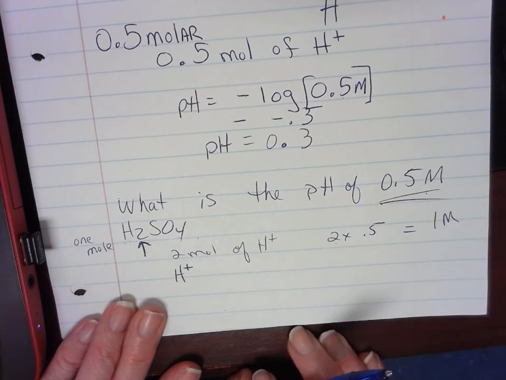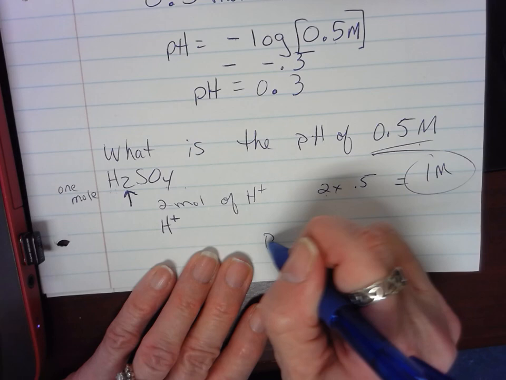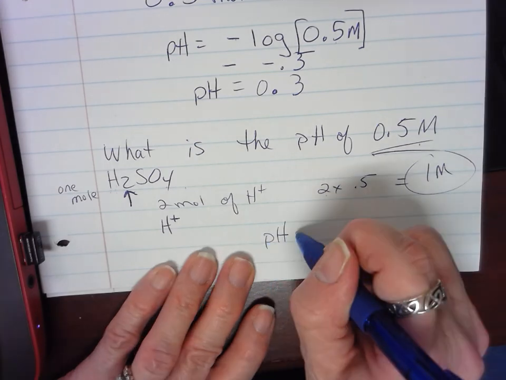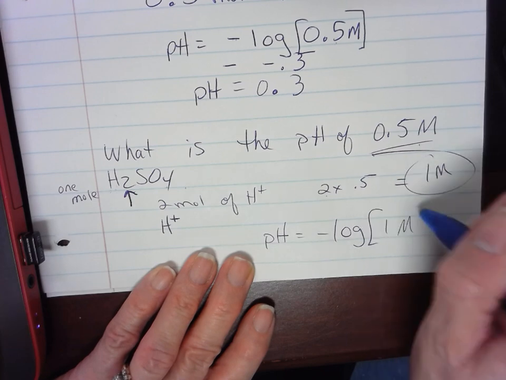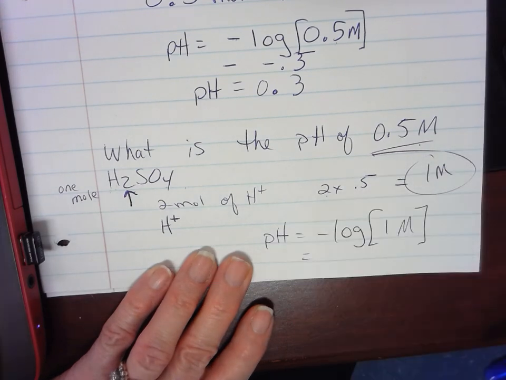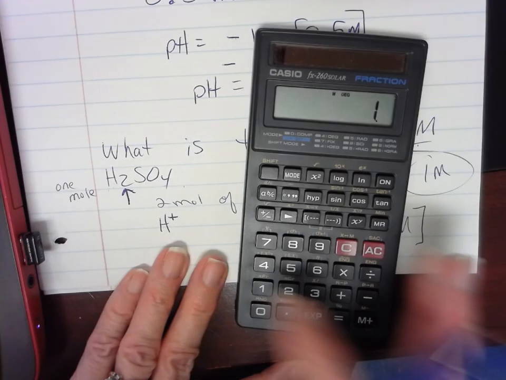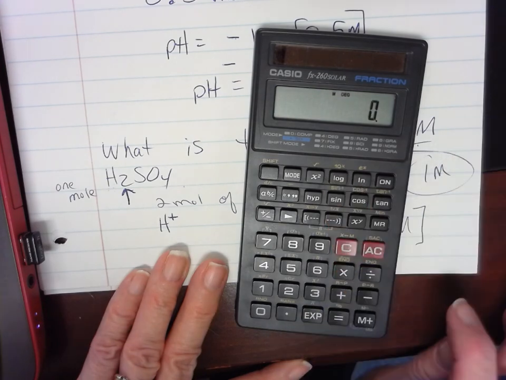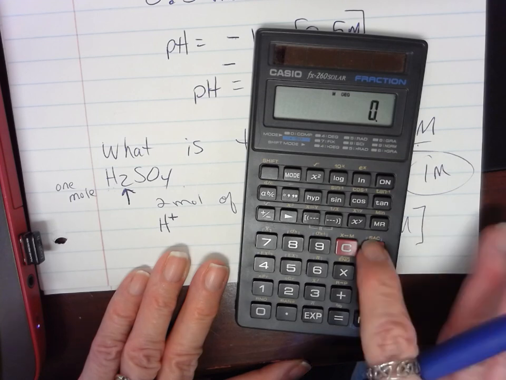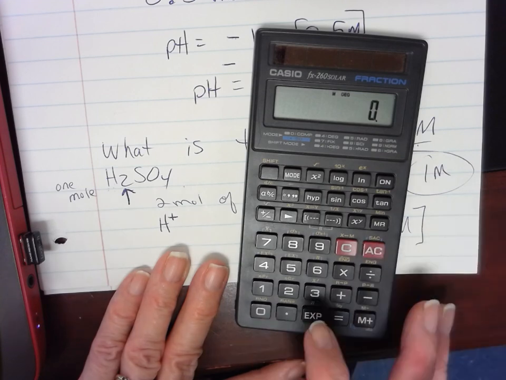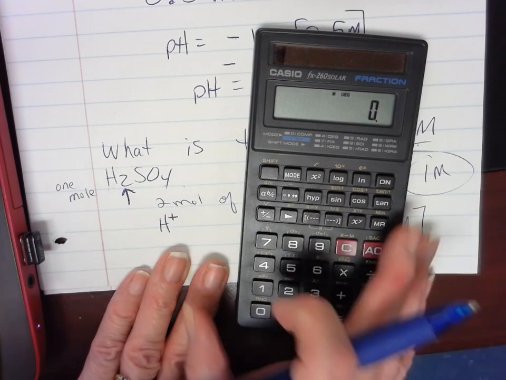So we plug that in, so the pH equals the negative log of 1 mole of your hydrogen ions floating around. So you would say 1, hit your log button, and you get a 0. Okay, so the pH of that solution is pretty low. You'd say 0.